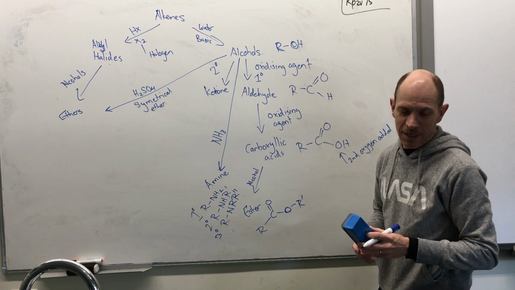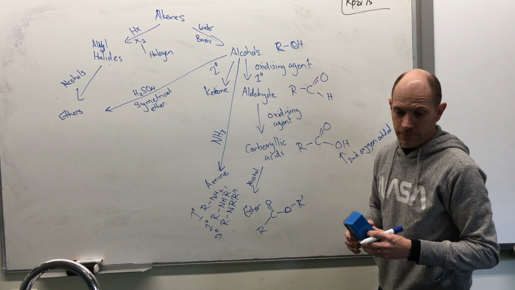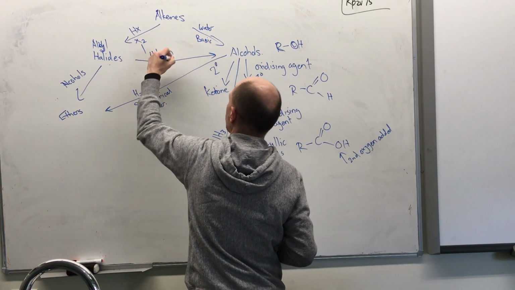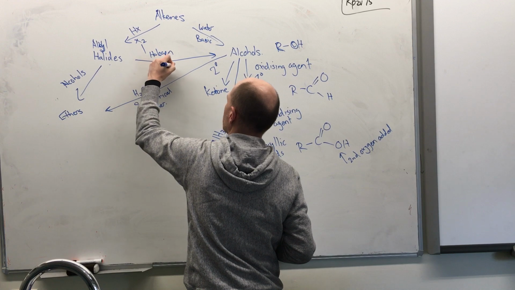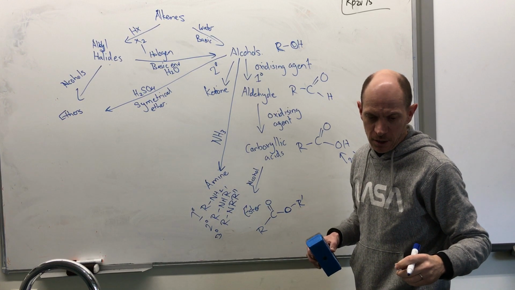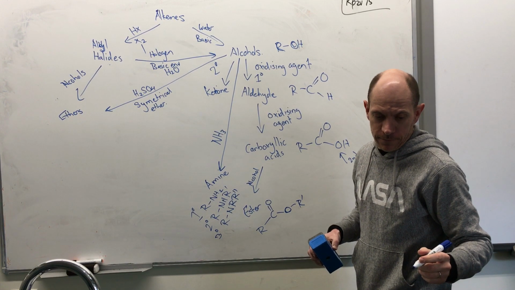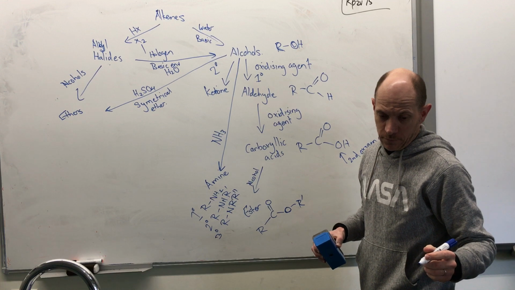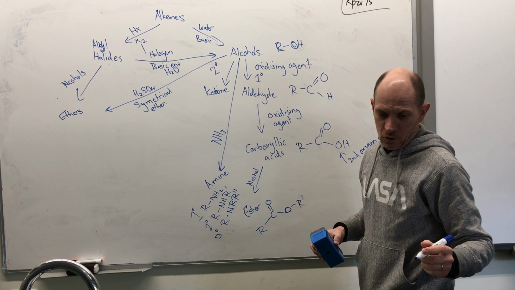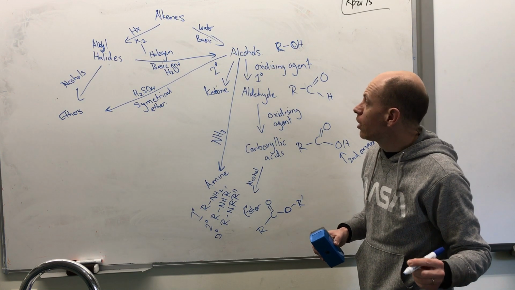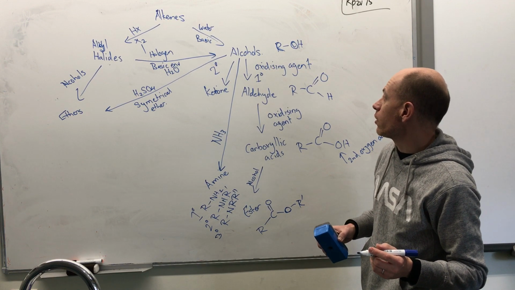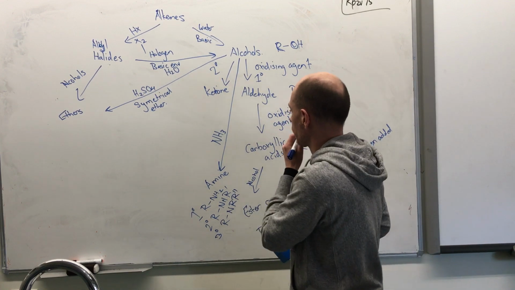All right, where else are we going from here? So halides can be converted to alcohols in a basic environment if water is present. A halide and a carboxylic acid can also form an ester.